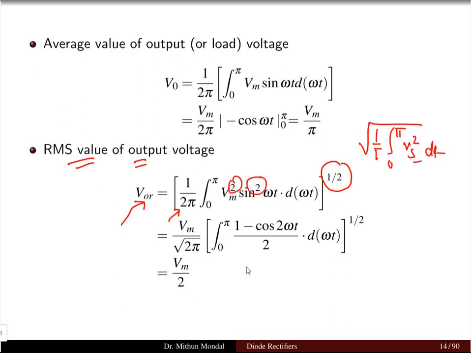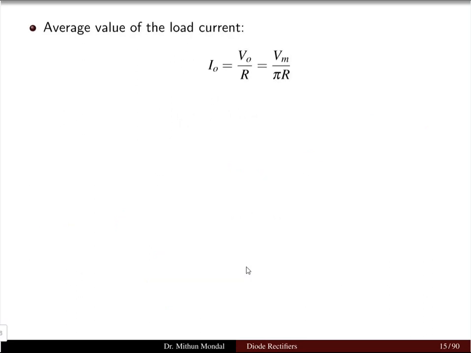So here you have Vm square sine square omega t. If we integrate from 0 to pi, putting appropriate limit, we get Vm by 2 as the RMS output voltage. So the average voltage is Vm by pi and the RMS voltage is Vm by 2, and this we are discussing only for the resistive load.